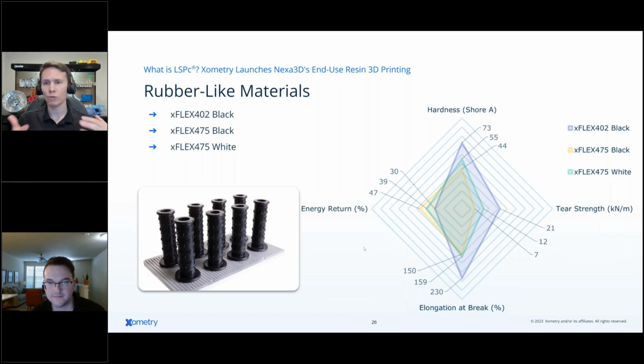And what's unique about these is usually a photopolymer rubber-like material squishes well, but then its responsiveness, so that energy return, and its elongation, not too great. I'm going to knock on PolyJet for a section. Its responsiveness feels almost like a fruit roll-up level responsiveness, and then the elongation, you'll always stretch it until it tears on you.